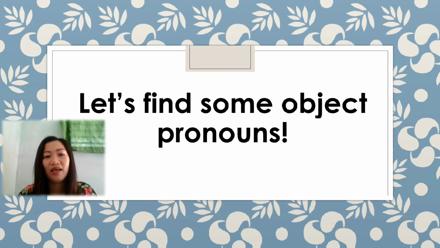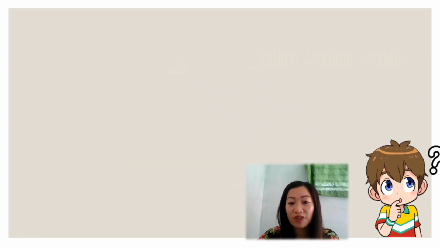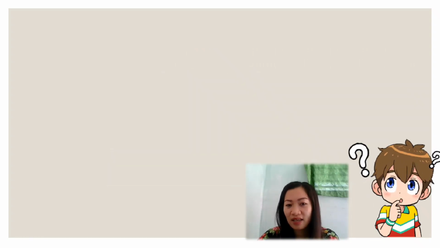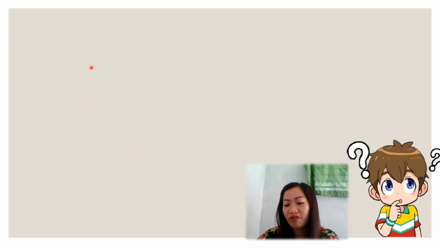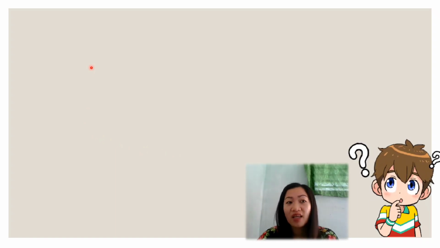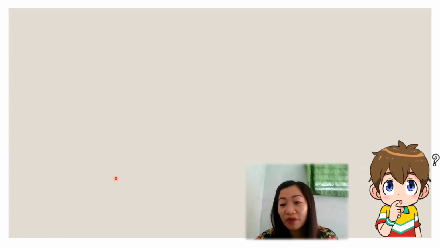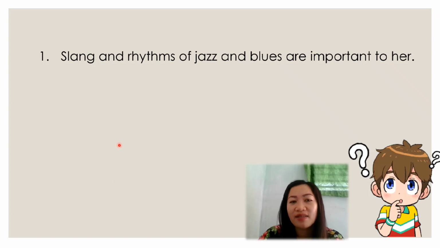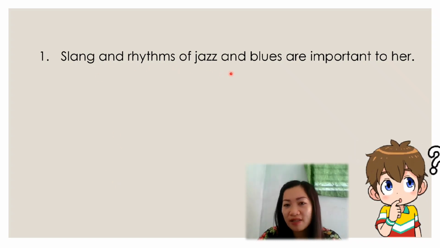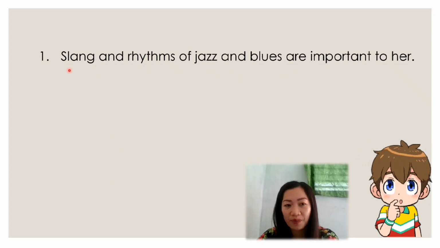Okay. Now, let's find some object pronouns in the sentences on the next slide. For this slide, our task is to find the object pronouns in the sentences. Number 1: Slang and rhythms of jazz and blues are important to her.